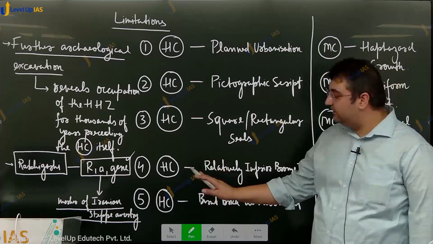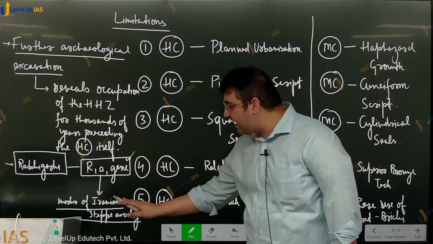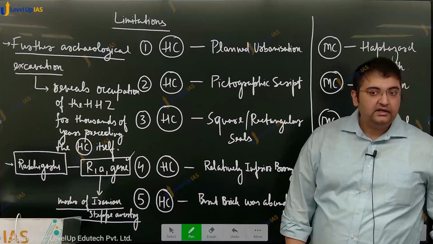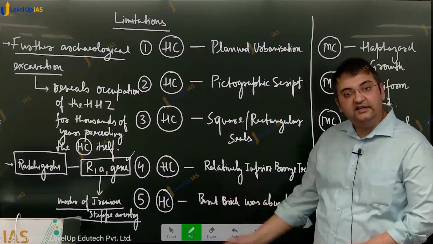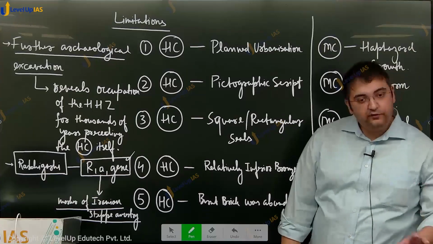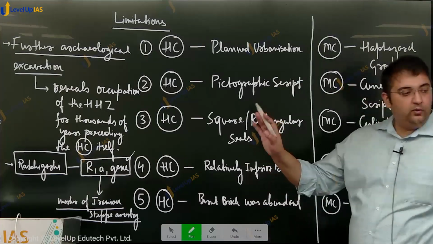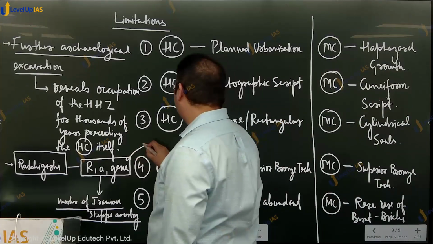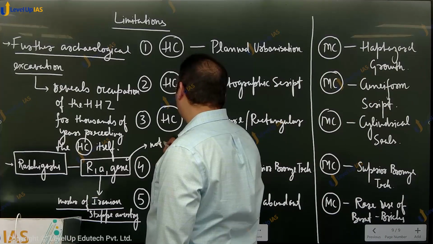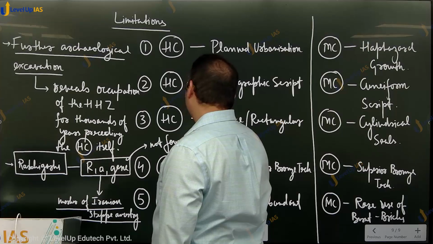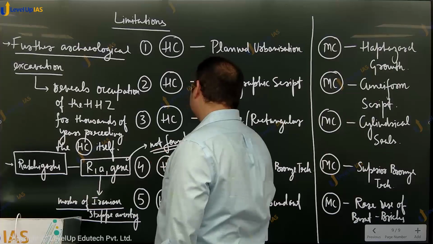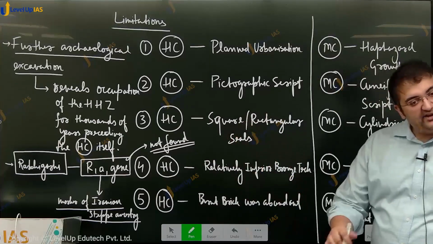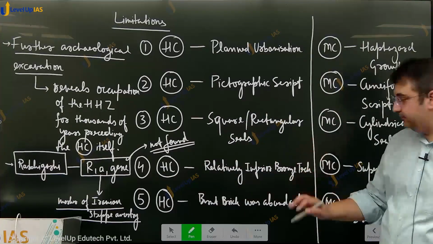That means the skeletons at Rakhigarhi, did they have this foreign ancestry? Foreign gene tha? Nahi tha. And this has conclusively disproved the theory of foreign origin of the Harappan civilization. So this was not found. समझ में आया है? तो first theory has been completely discarded.